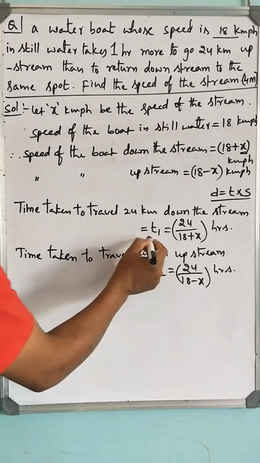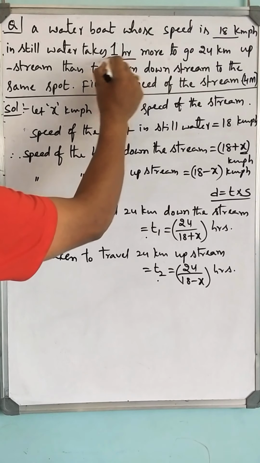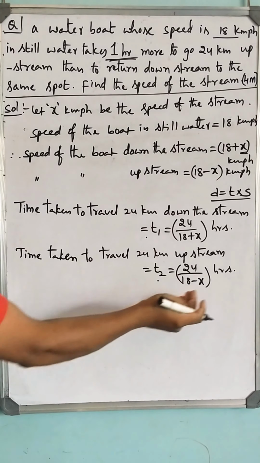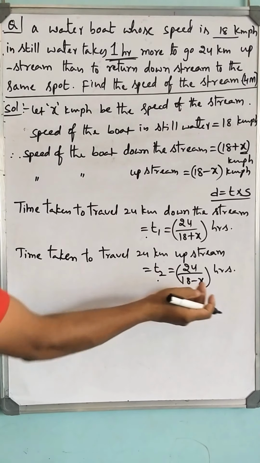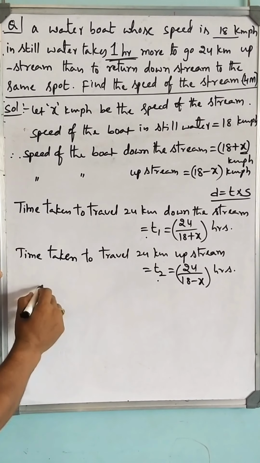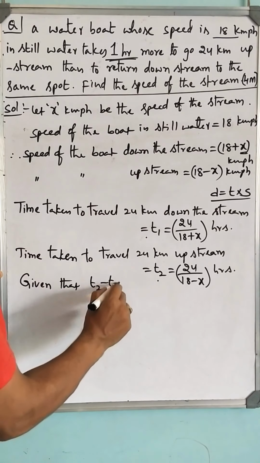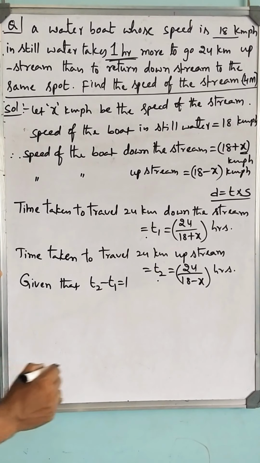The difference between these two timings is 1 hour. So it takes 1 hour more to come from B to A, that is upstream. So the difference between these two is 1 hour. Given that, the difference of these two timings is 1 hour.